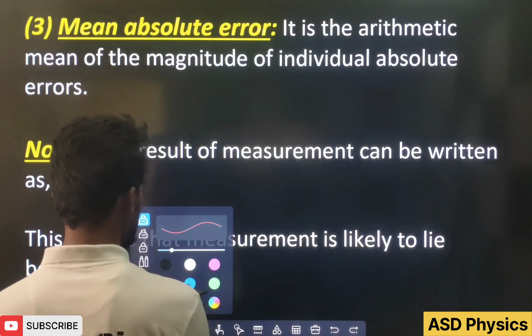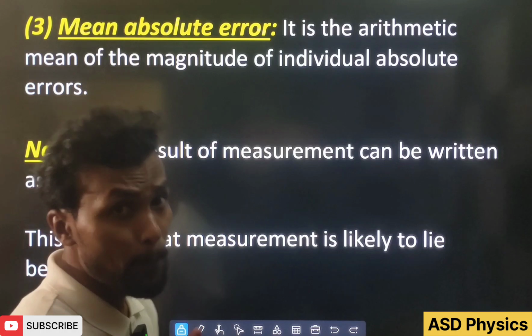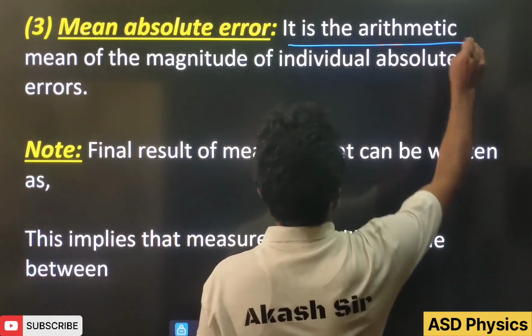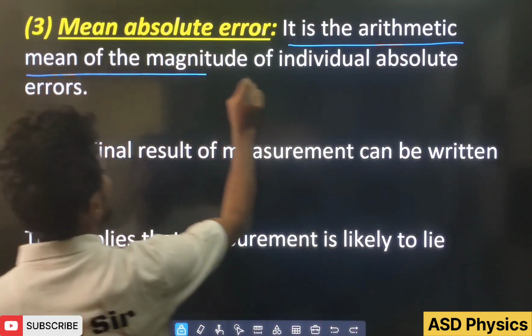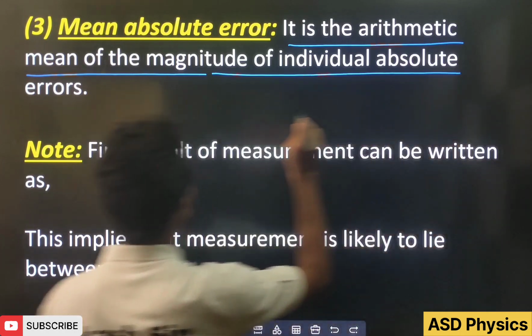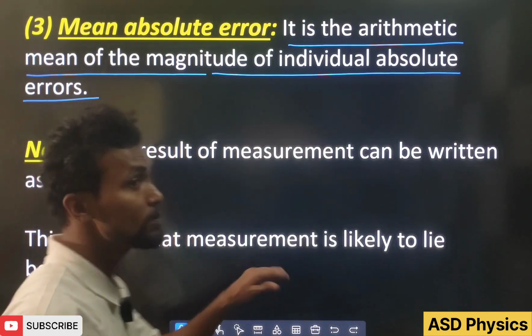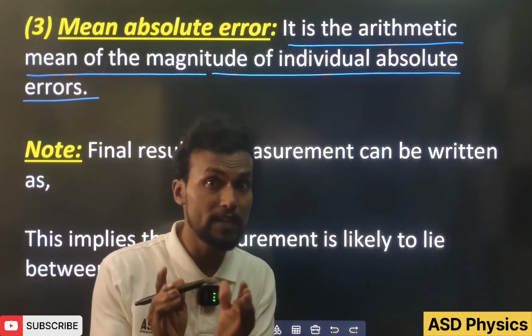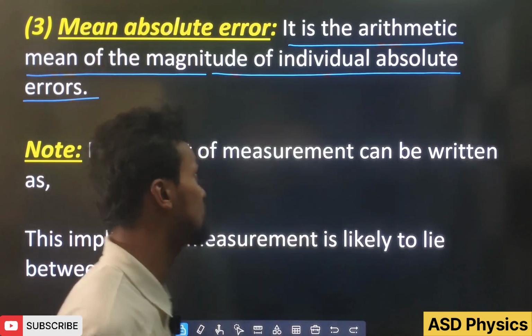Okay. Now the third one is the mean absolute error. It is the arithmetic mean of the magnitude of individual absolute errors. Individual errors may be positive or negative, but here we take only the magnitude, that means all positive.